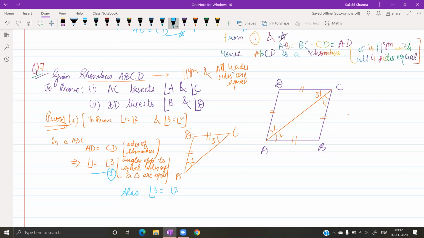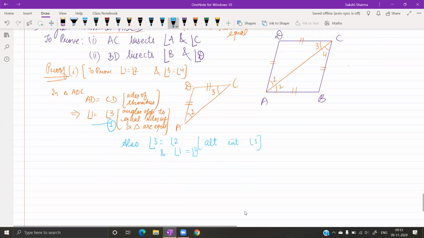Is that correct? Yes, ma'am. These are alternate interior angles, so they will be equal. You could also write down for the other pair. The other pair of alternate interior angles that you can see here are angle 1 equals to angle 4. These are the pairs of alternate interior angles, both these pairs.